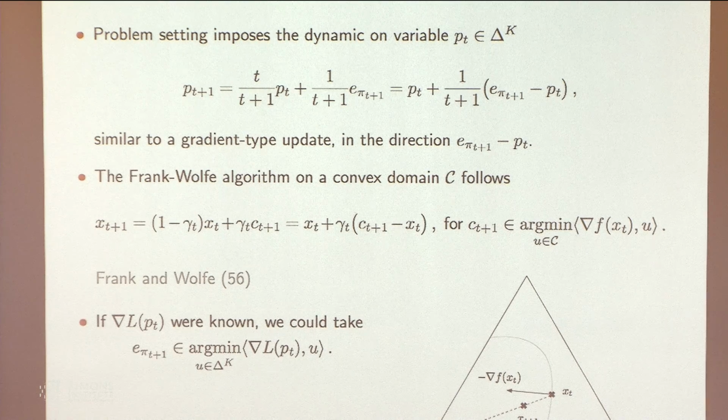Right, so here, if this were known in advance, right, so if we knew the loss function, Frank-Wolfe would just tell us, well, this is the new action that you should take. You know the gradient, so you should take the extreme point that's the most going to be in the direction of minus the gradient of LP. And the big issue is, of course, here that we don't know L, right?